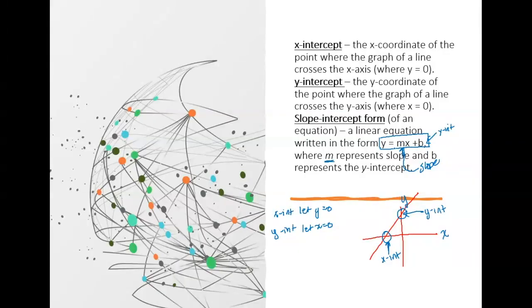Once we have the equation of a line, I can sub in any x to figure out my y coordinate, or put it into a table of values. This is slope-intercept form, one of the most common forms for writing a linear equation. It's like the neatest way, I guess.